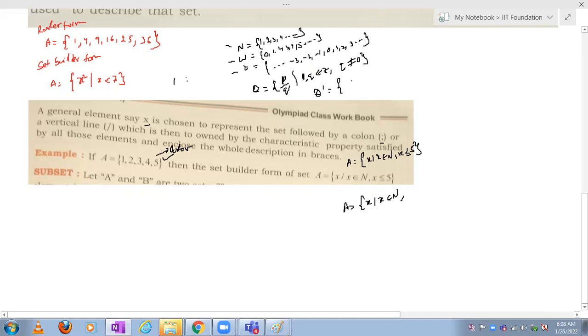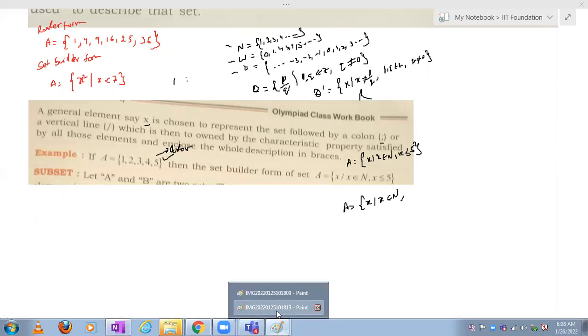Irrational number means x such that x cannot be written in the form p by q, where p and q are integers and q is not equal to 0, but x is a real number. Got it?